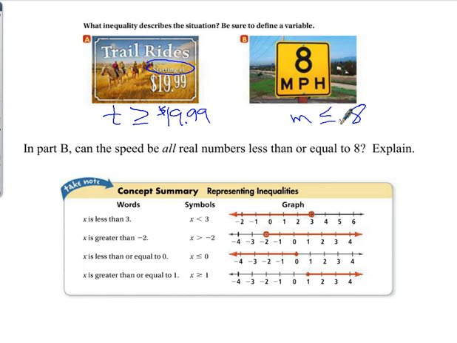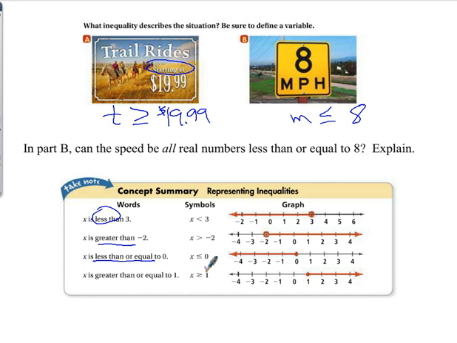Section. Little summary here. This actually comes straight out of the book. The word less than tells you it's an open dot, and you're going to draw an arrow to the right. Greater than tells you it's an open dot, and you're going to draw an arrow. Did I just say to the right up here? To the left here, to the right here. Less than or equal to gives you the little bar underneath the inequality.